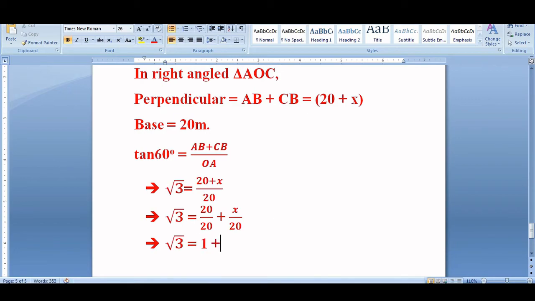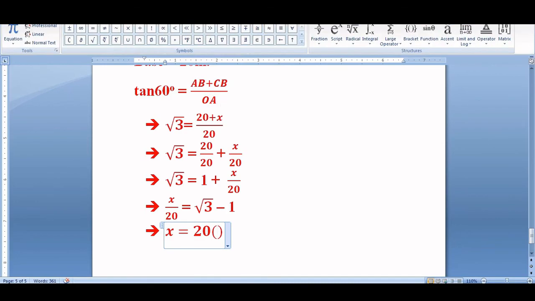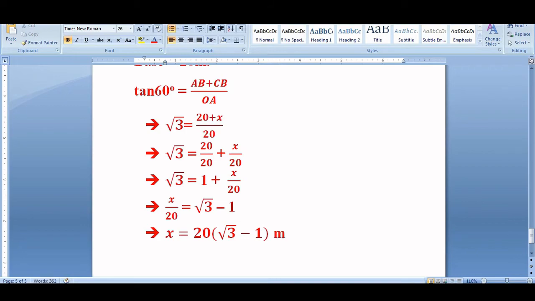It will be 1 plus x by 20. Now, so we have to find the value of x. So that is our final answer.